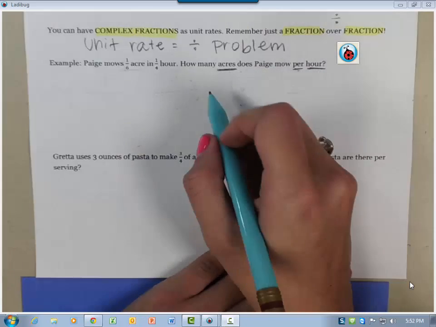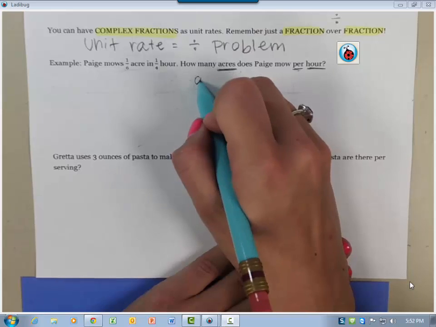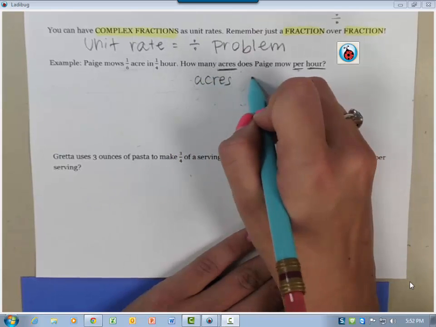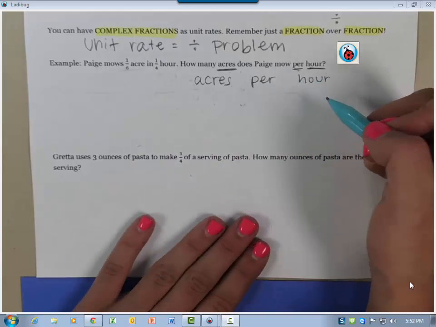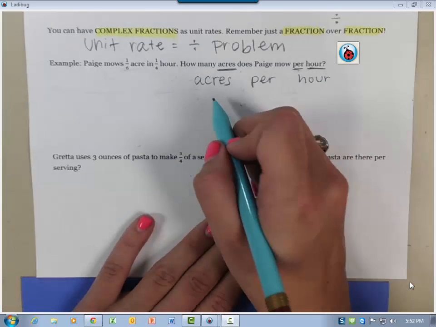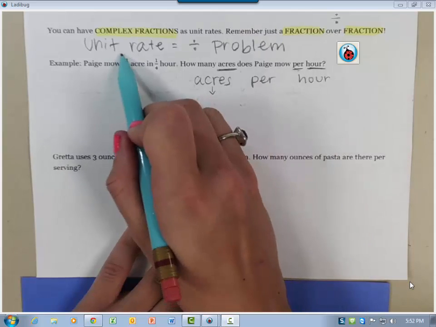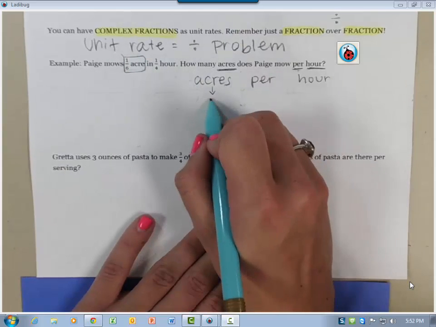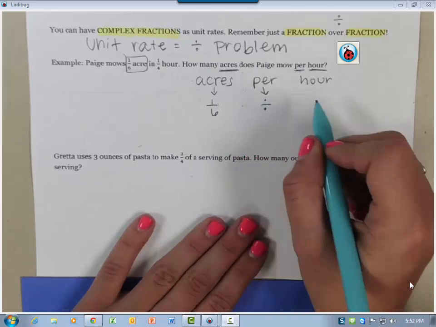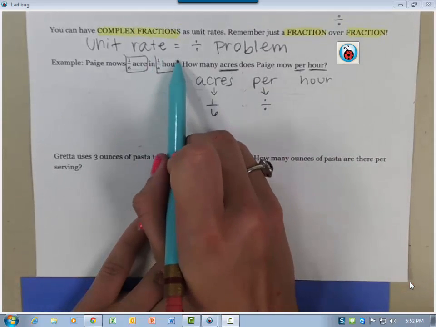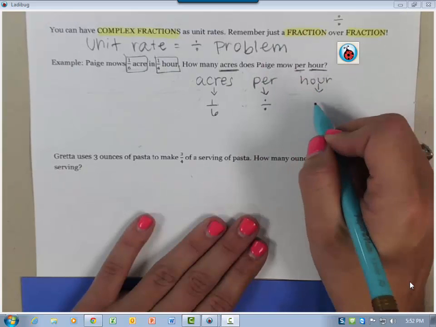So, I need to rewrite it. Acres per hour. Now look back in the beginning of your sentence. Does it tell you how many acres you have? Yes, it does. You have 1/6 acres. Per means to divide, and you have 1/4 hours.